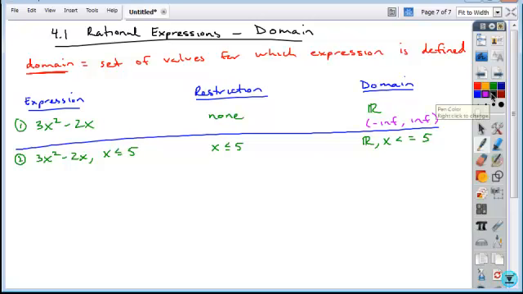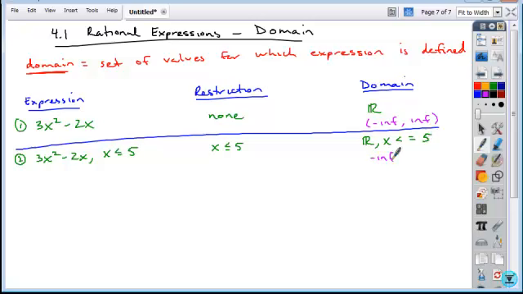Okay, but you can also enter it, and would probably be better suited to enter it in interval notation. So if we want all the values of x that are less than or equal to 5, would 5 be our maximum or minimum value? If x has to be less than or equal to 5, it's the maximum value, right?